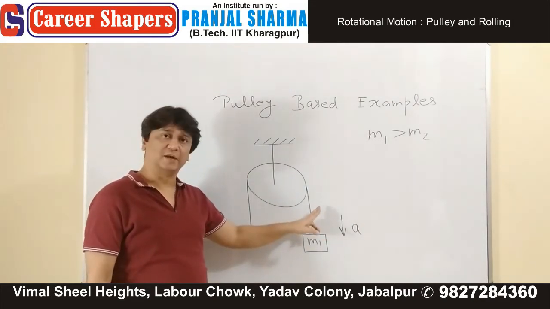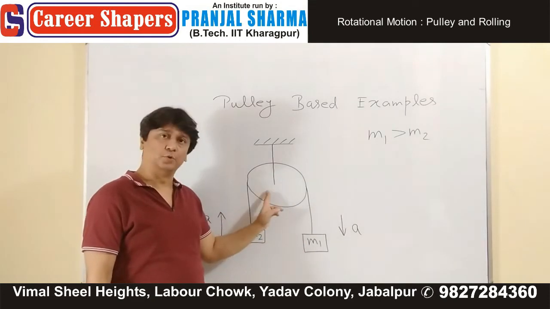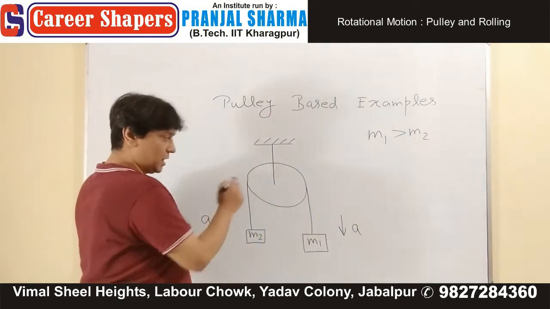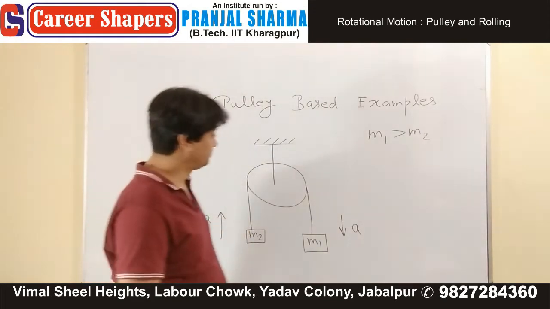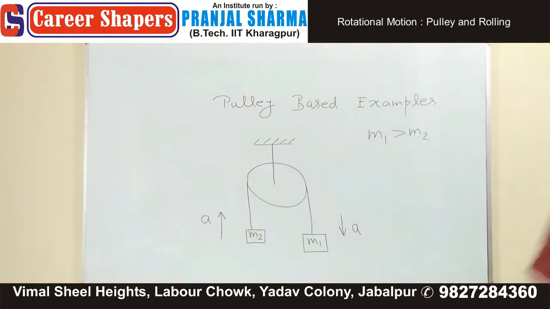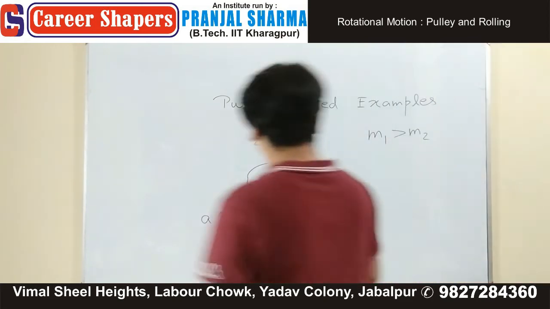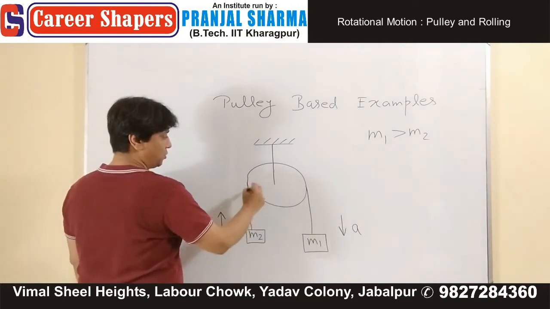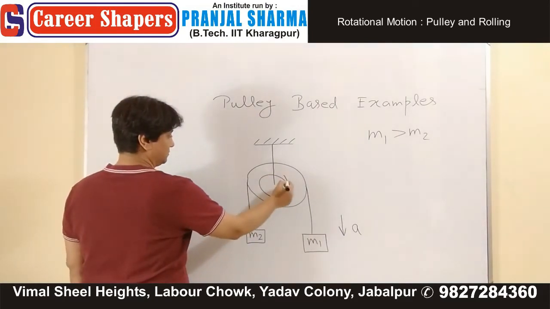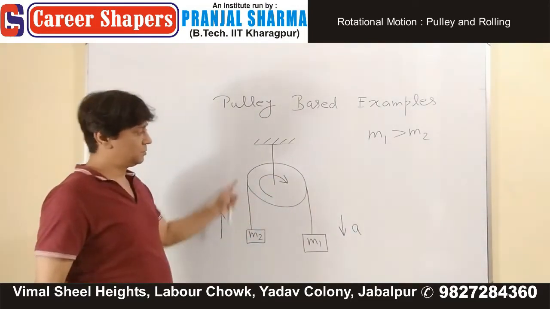Friction is present between rope and the pulley, and because of that, this pulley is also going to rotate. As M1 goes down, you can see that this pulley is going to rotate like this. This will be the rotation.